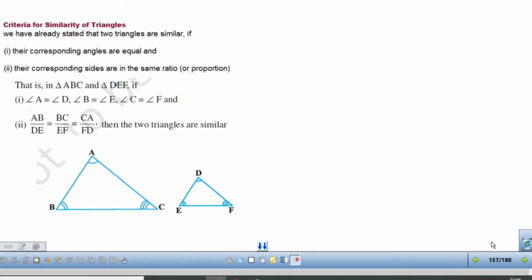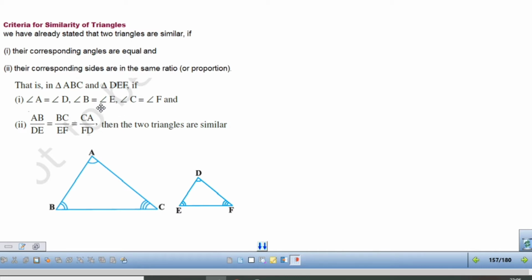This topic is part of chapter 6 of class 10th mathematics, and the topic's name is criteria for similarity of triangles. We have already stated that two triangles are similar if their corresponding angles are equal, and their corresponding sides are in the same ratio or are proportional.